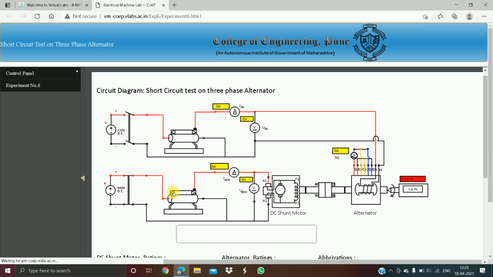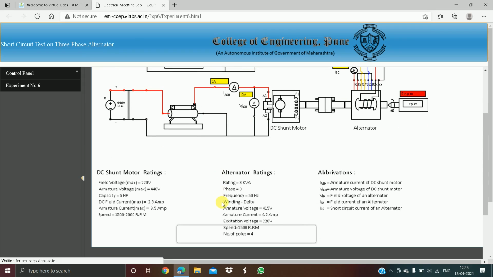By increasing the rheostat, we can set the alternator to its rated speed, which is 1500 rpm, as given here.